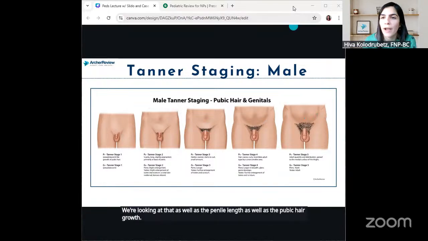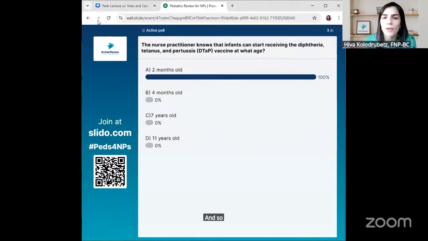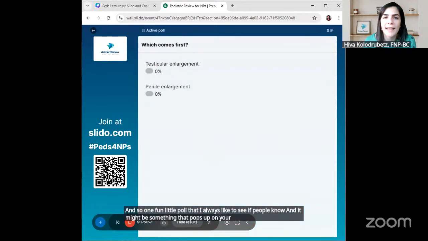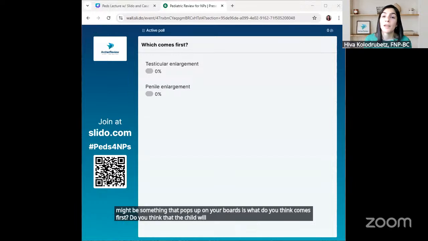And so one fun little poll that I always like to see if people know, and it might be something that pops up on your boards, is what do you think comes first? Do you think that the child will develop more in the testicular area? Do you think they'll have testicular enlargement, or will you see the penile enlargement first? What do you think is first?